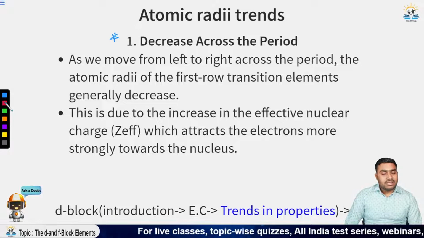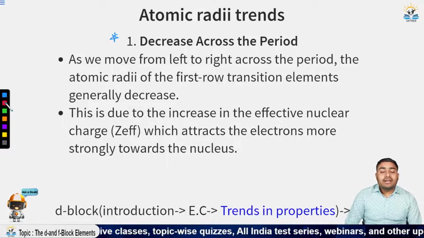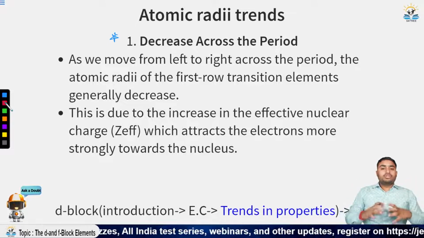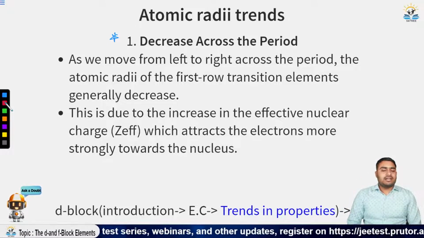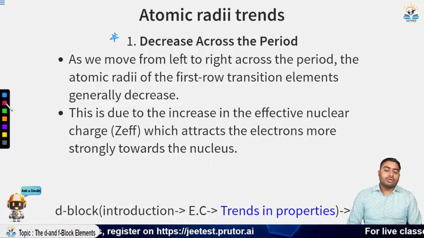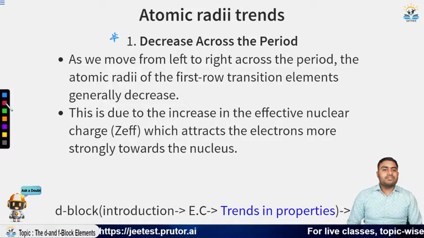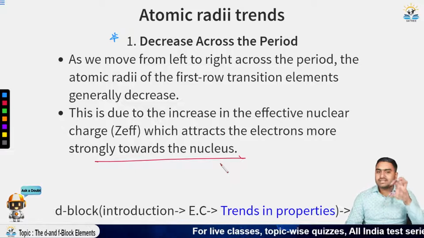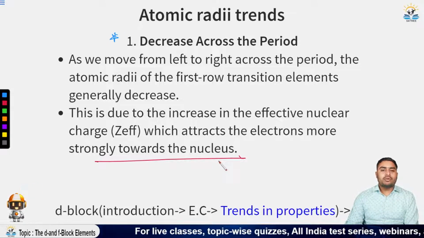If Z effective is increasing, ionization enthalpy will increase. If Z effective increases, it will strongly attract the last shell electrons towards itself, and it is not easy to remove that electron. So this is due to the increase in effective nuclear charge, which attracts the electrons more strongly towards the nucleus. I hope this is clear.